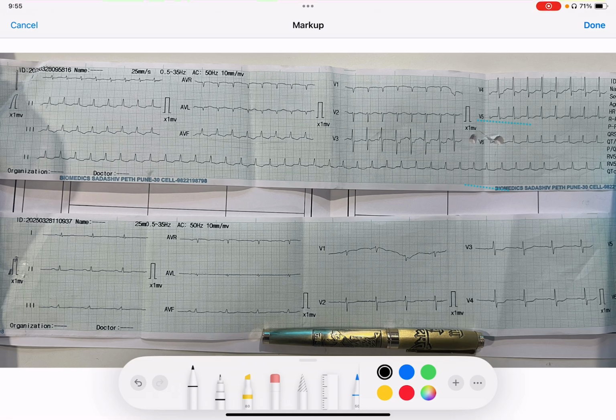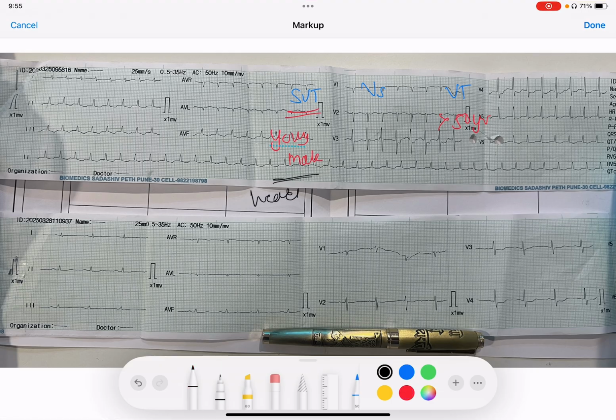One of the most important things I need to tell you is SVT versus VT. SVT is almost always seen in young patients, whereas VT is almost always seen in elderly patients, usually more than 50 years of age.